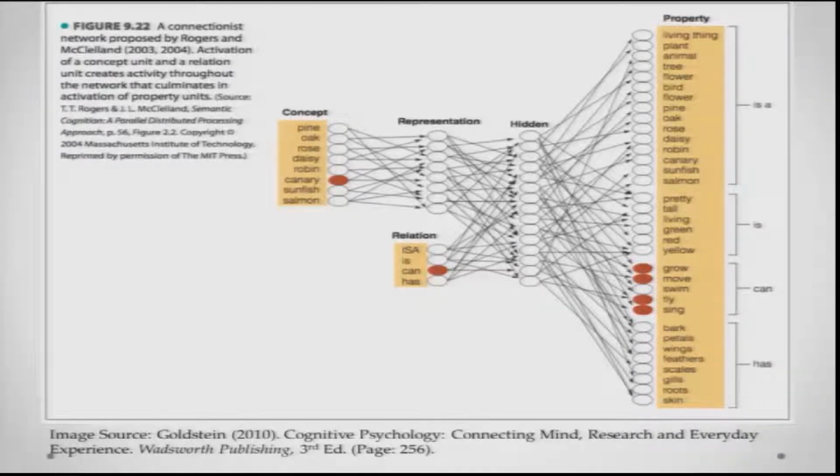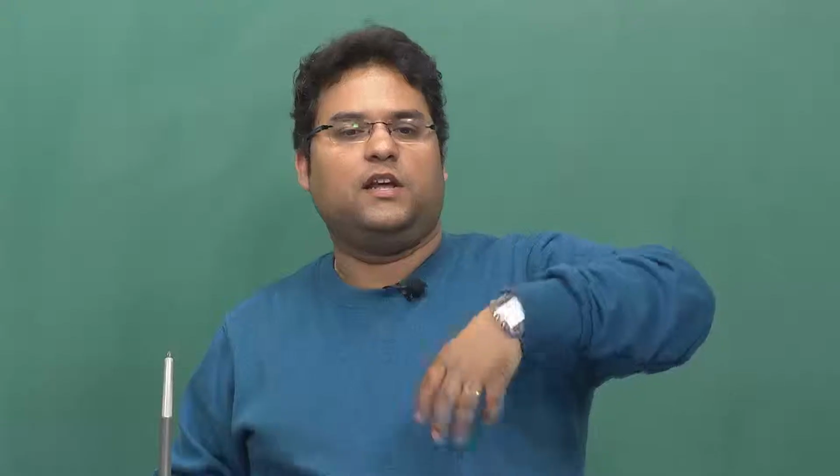Again, you can see the representation is rather distributed, and then there are these bunches of hidden units, and hidden units are actually connected to what are called property units. So that is where the processing is happening, the property units, and properties could be a variety of things: living thing, plant, animal, bird, flower, is pretty, is tall, can grow, move, swim or fly, or has bark, petals, etc. And you will see properties are actually organized into is a links, is links, can links, and has links. All of these kinds of links are represented in the relation units.